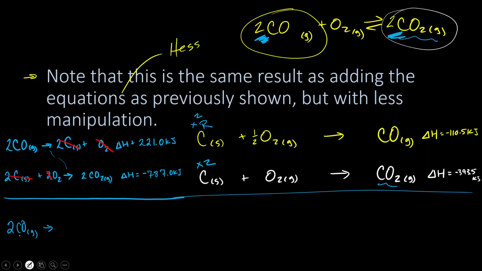Okay, I missed this guy here. So 2 carbon monoxides plus an oxygen gas makes 2 carbon dioxides, and our delta H, we would add these guys up. So 221, negative 787, and we would get negative 566.0 kilojoules.